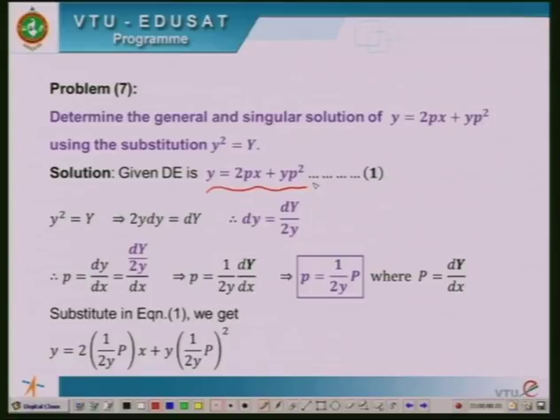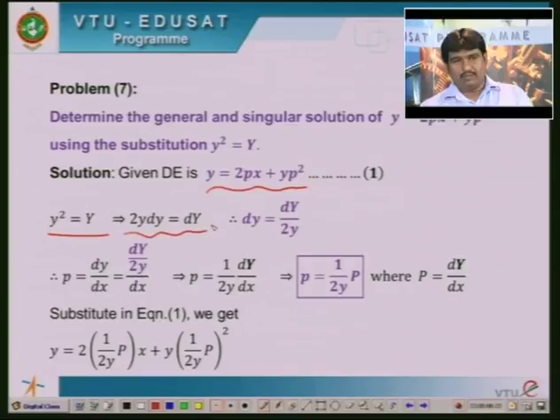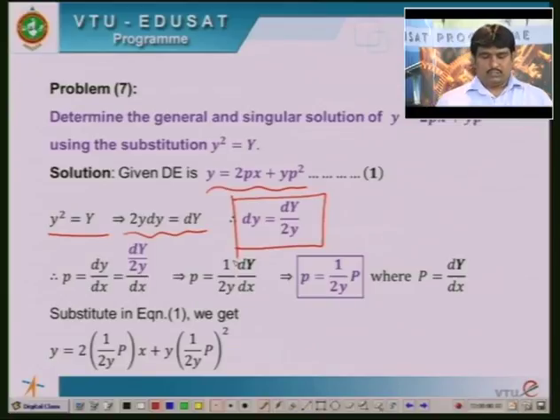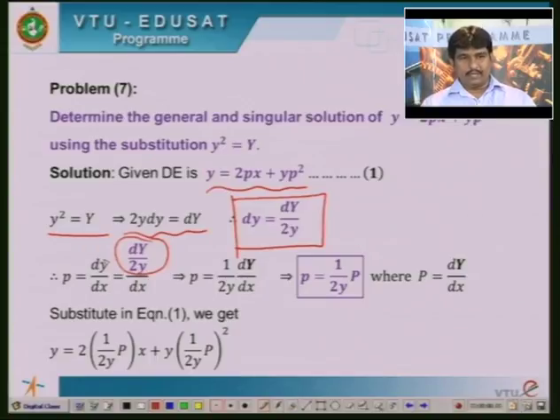Now given that y square equals capital Y, its differential is 2y dy equals d capital Y. Therefore small dy is d capital Y divided by 2 into small y. Now small p is dy by dx. Substitute for dy, which is d capital Y divided by 2y, divided by dx.